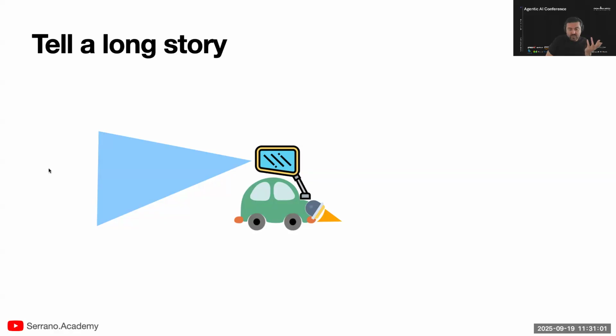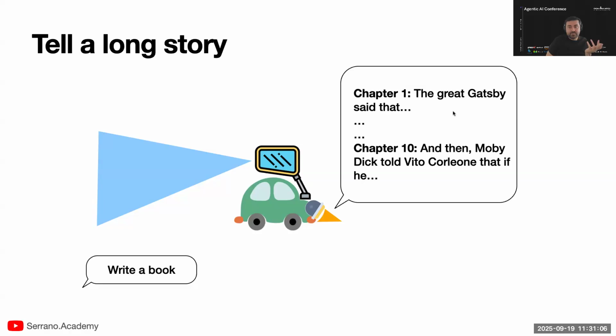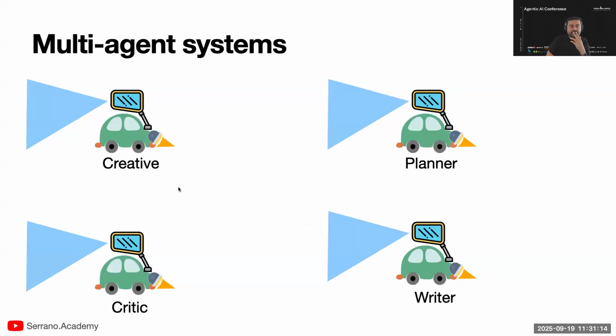So what do we do? Well, let's say I tell it to write a book. Believe me, by chapter 10, the thing goes nuts. And the characters change and everything. How do we make it write a good book? Well, let's say we have 4 copies of ChatGPT: the creative, the planner, the critic, and the writer. And each one has its own role.